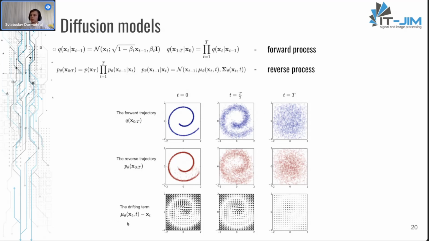Here are the values that the model learns. This is our model with parameters theta. And this is how we visualize the difference, how the data moves, how the noise moves.